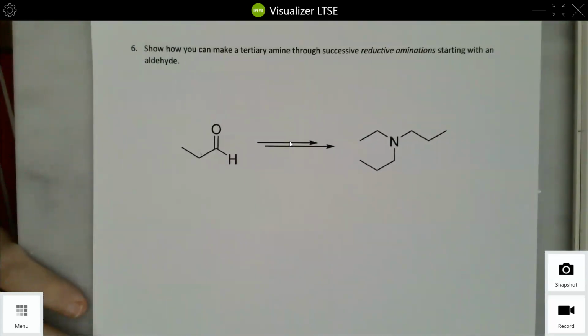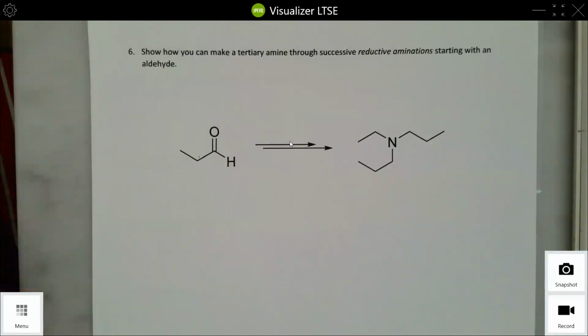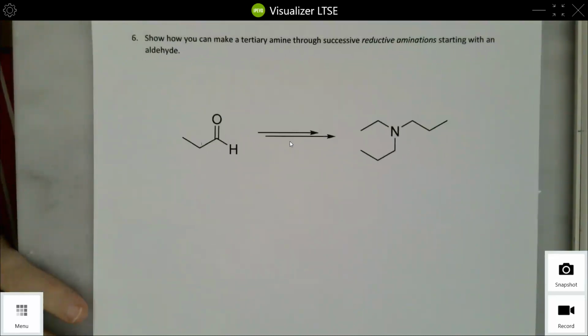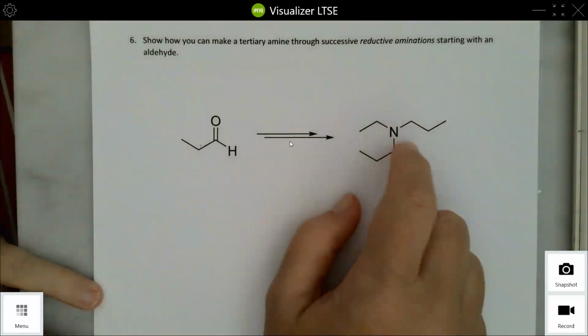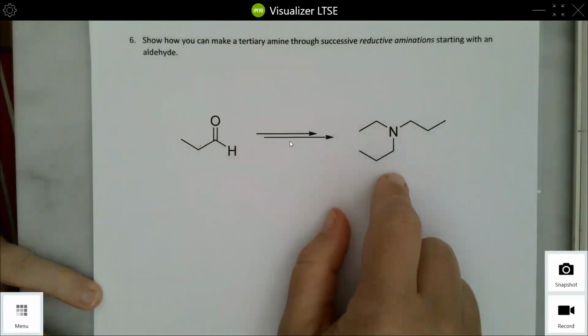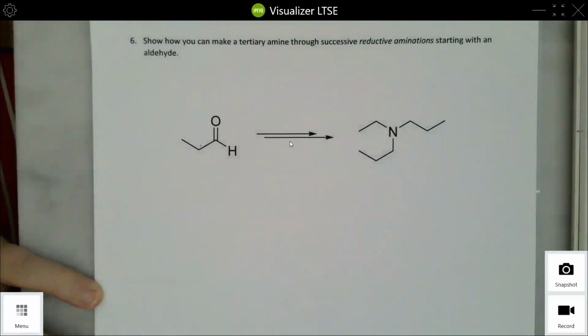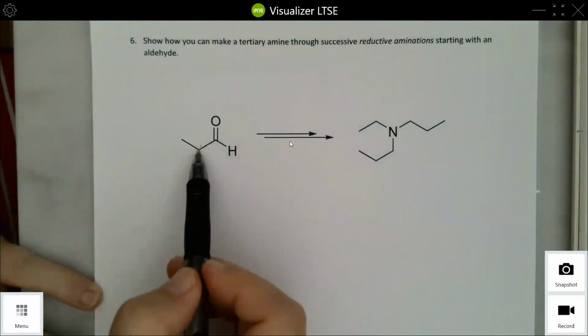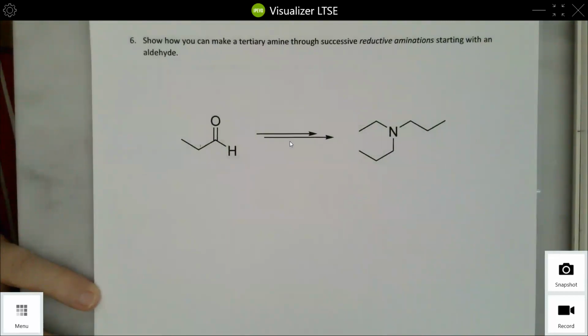Okay, the next question. Show how you can make a tertiary amine through successive reductive amination, starting with an aldehyde. Okay, so basically we need to do multiple reductive aminations. So if I look and see here, I have an aldehyde with 1, 2, 3 carbons.